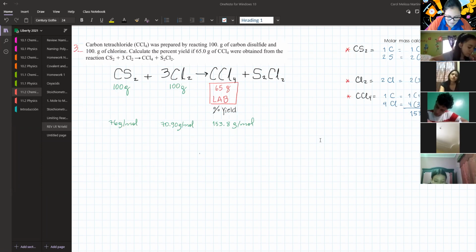So how can we understand this problem? It says, calculate the percent yield. So in that moment, you know that you have to apply the formula for percentage yield. And they're giving you this condition: if 65 grams of CCl4 were obtained, okay?